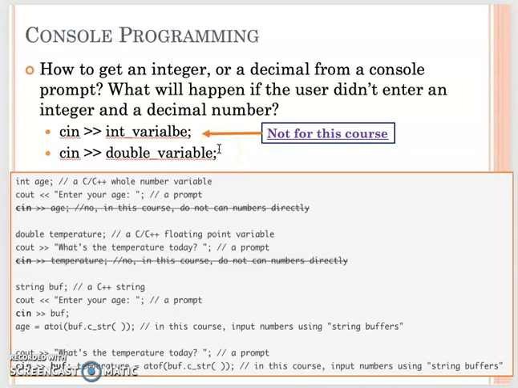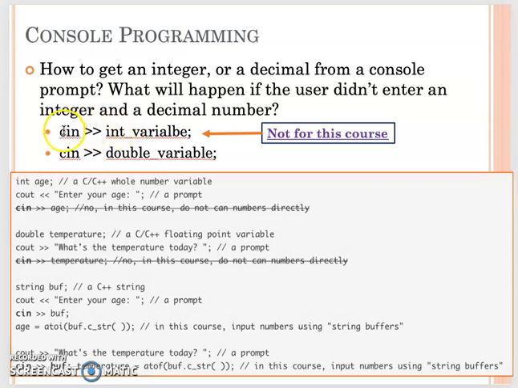But sometimes users make mistakes, right? If you require the user to enter an integer, but accidentally the user enters a non-integer value, when you do cin into the int variable, it will make your program crash. That's a runtime error.